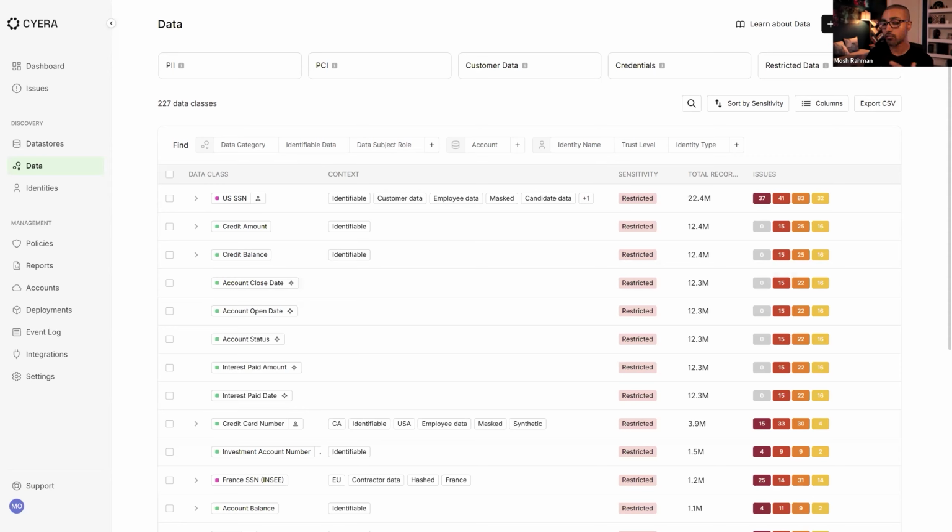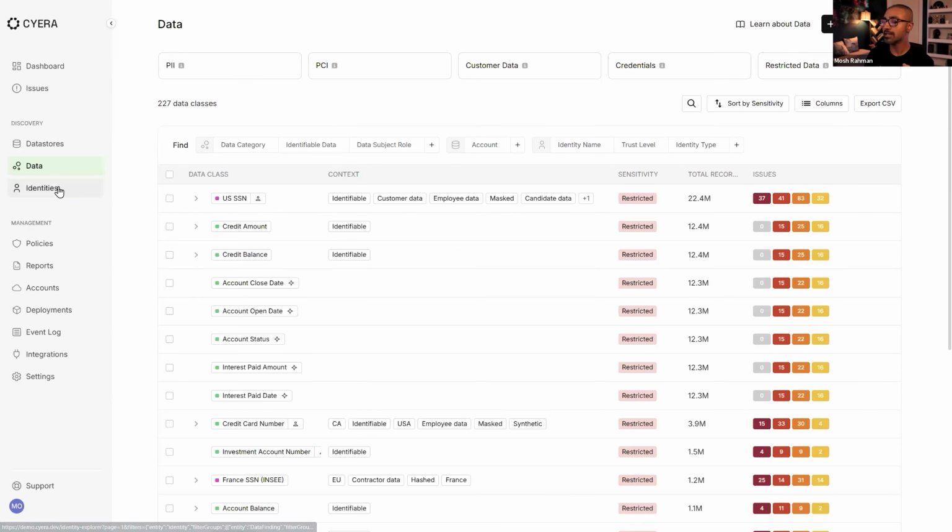Data that's stored, for example, in Europe has to be handled differently than data that's being stored in Canada or the States. Customer or patient data has to be handled differently than employee data. The context changes the way that we're going to govern. So first question is, where is my sensitive data? And put context around it.